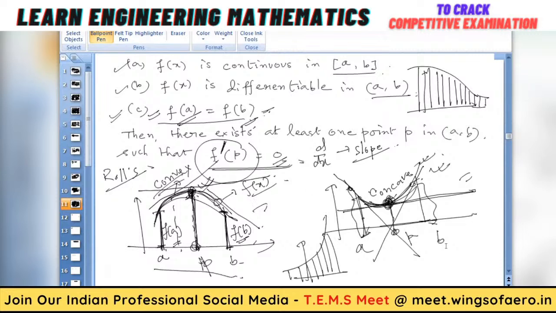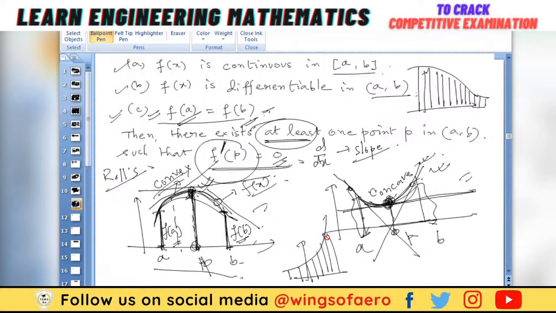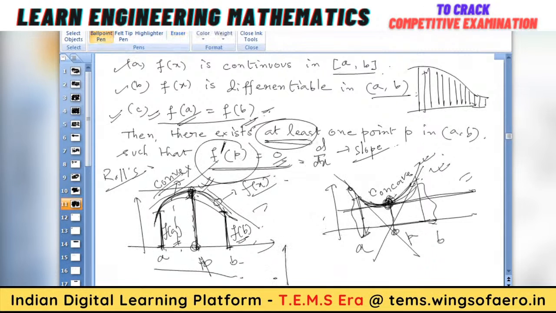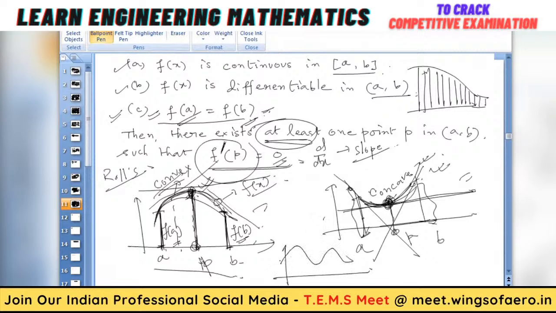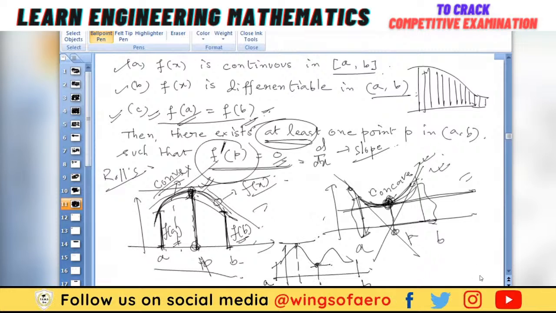Okay, so why is "at least" used here? Because there may be more than one point. More than one point means, suppose the function is of this type. Then this is point A, this is point B. So you can find there is a maximum value, there is a minimum value, and the tangent is parallel to the x-axis.